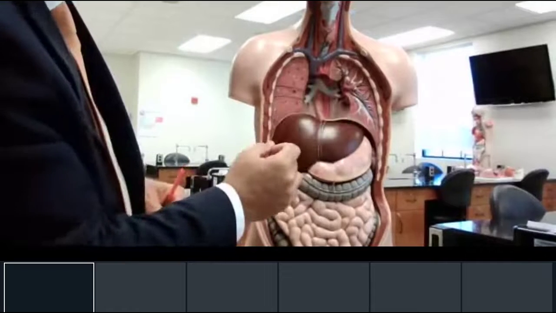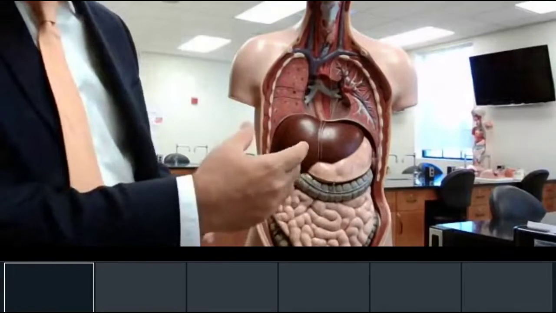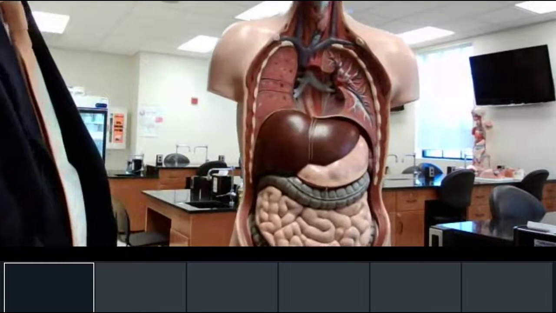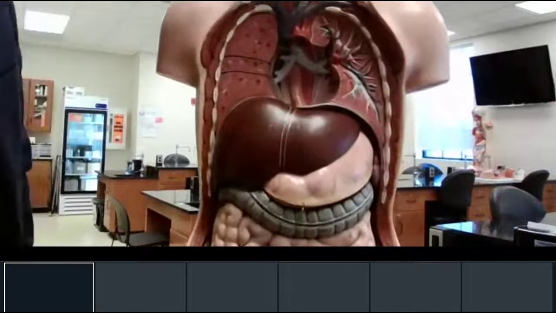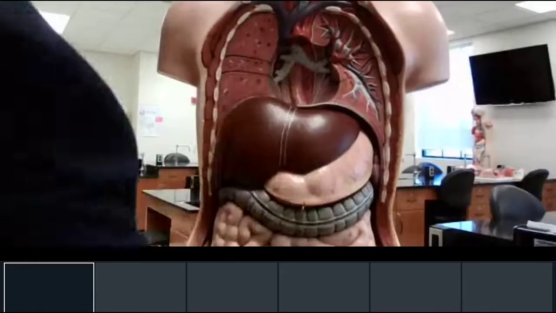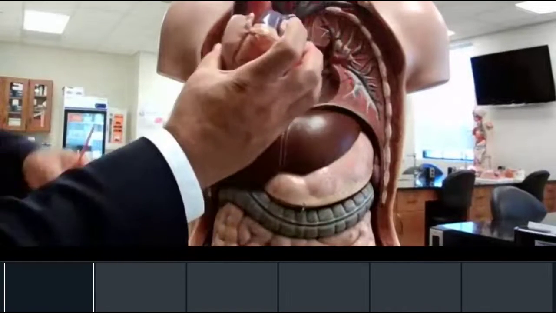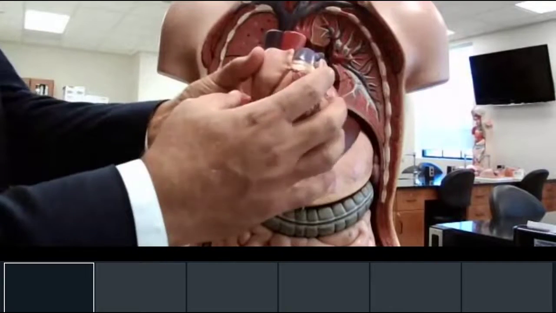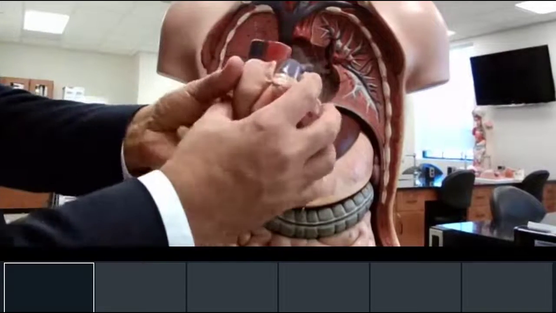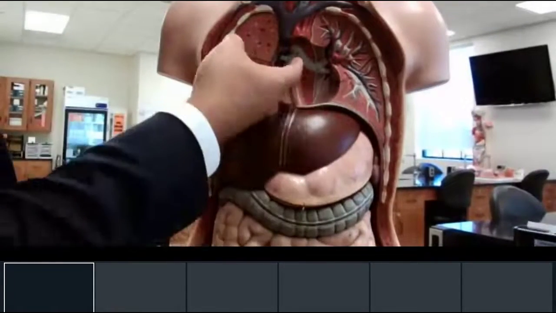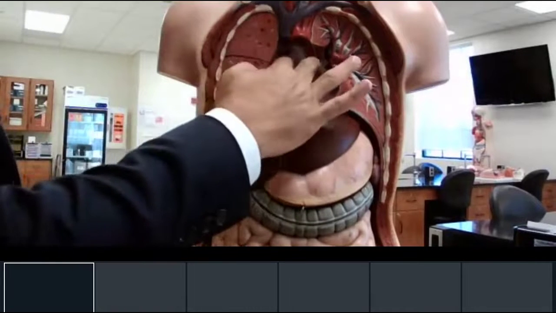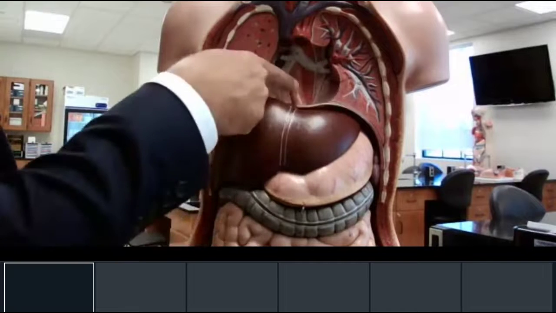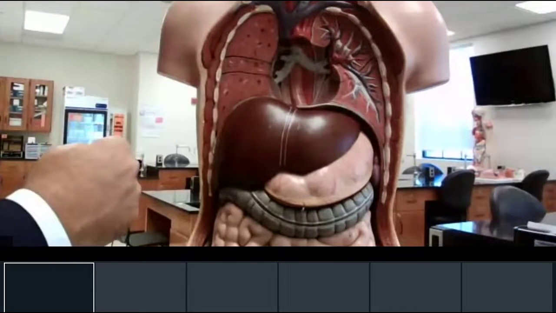Okay, mediastinum. And if I ask you to name the organs within the mediastinum, you can say the heart, the thymus gland, the great vessels of the heart, the trachea and its immediate branches, the esophagus as well.